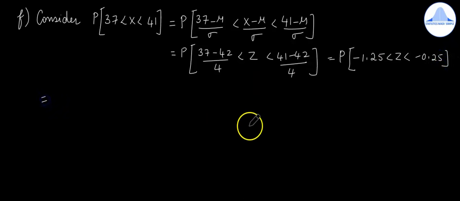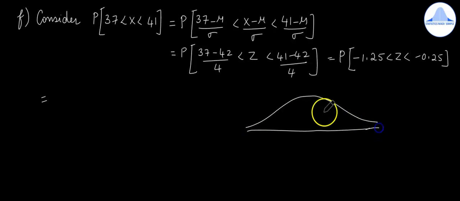So now let us draw the standard normal curve. So mark z equal to 0, the extremity is minus infinity and infinity. Now see that both the values, this and this, are negative. So they will come on the left tail of the curve. So draw two lines.